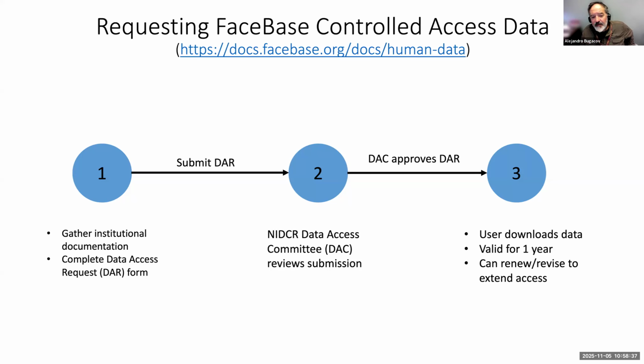Then you submit that. That goes to the NIDCR Data Access Committee, or DAC, that reviews your submission. Once the DAC approves the submission, we instruct you on how to download the data. The access is valid for 1 year, but then you can renew or revise your DAR.